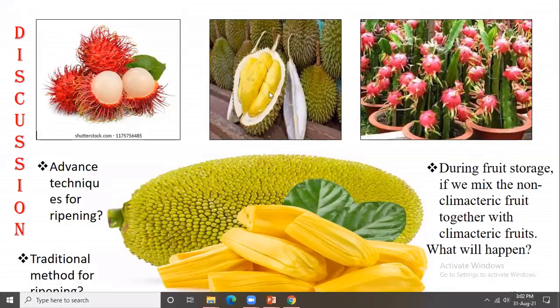Rambutan. This one? Durian, which is available only upcountry. This one? Dragon fruit. This one? Jackfruit. Sometimes it is difficult to tell the difference between durian and jackfruit, that's why I put it here.